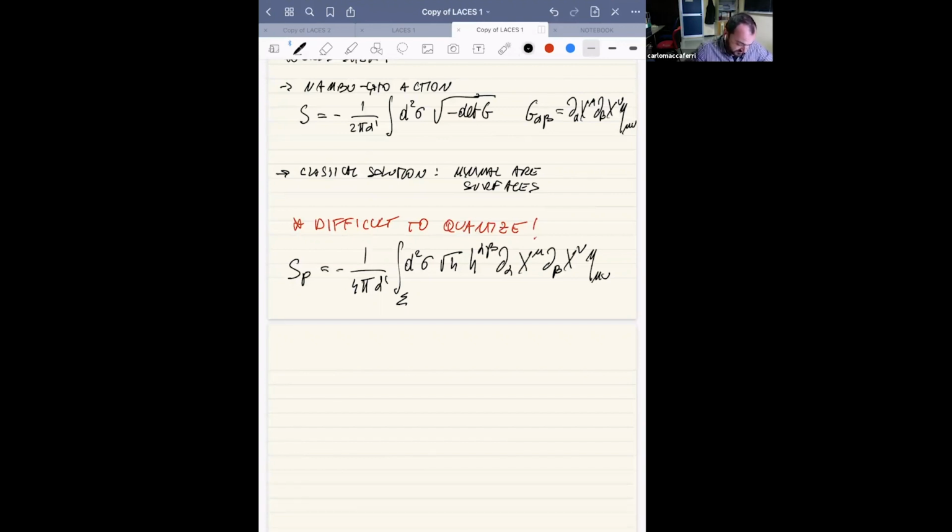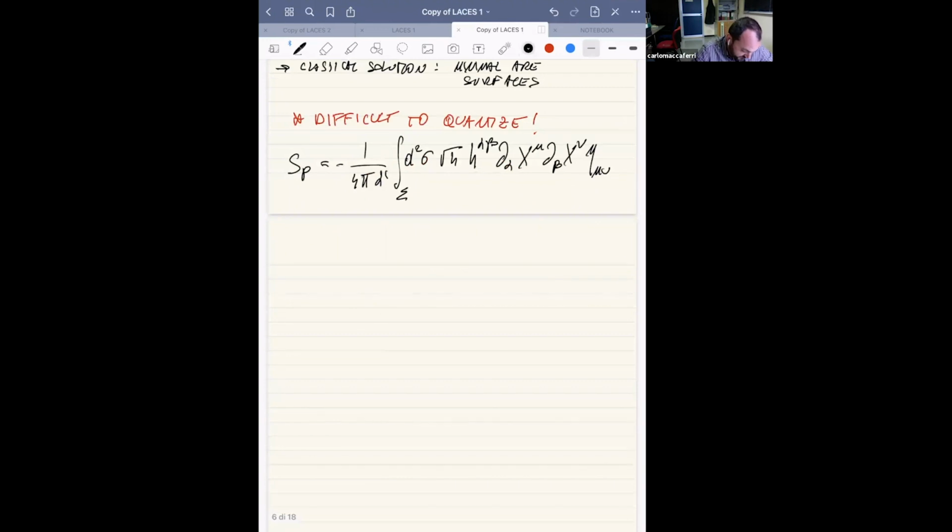So now this action is of course different from the one that I already wrote, and it has two fields. One field is the embedding coordinate X^μ that we already had before, and the other one is this metric h_αβ.